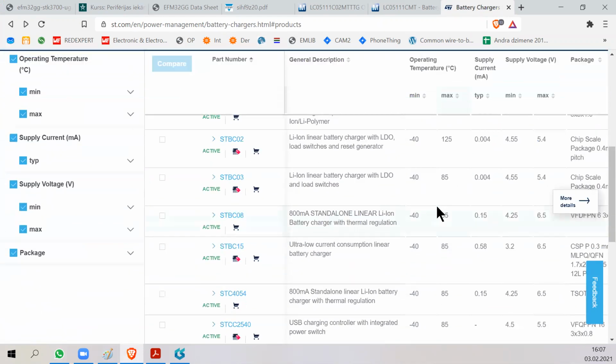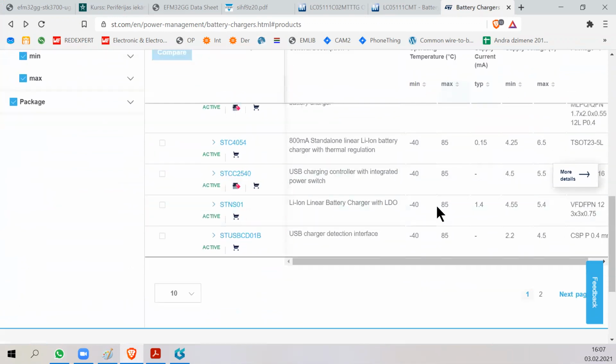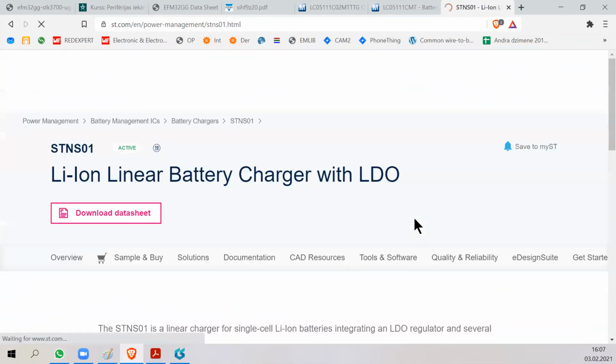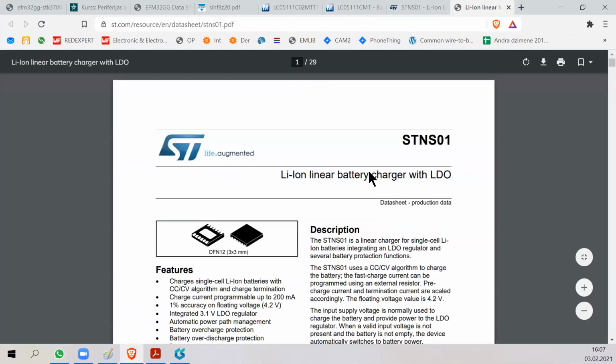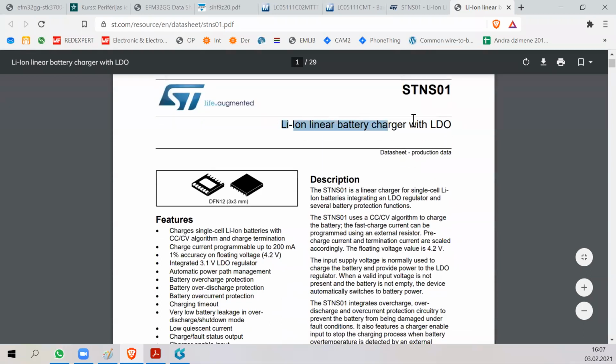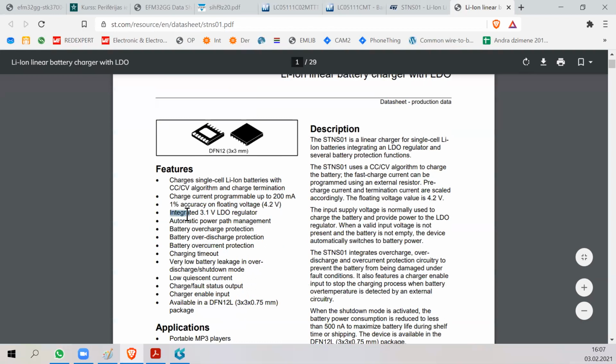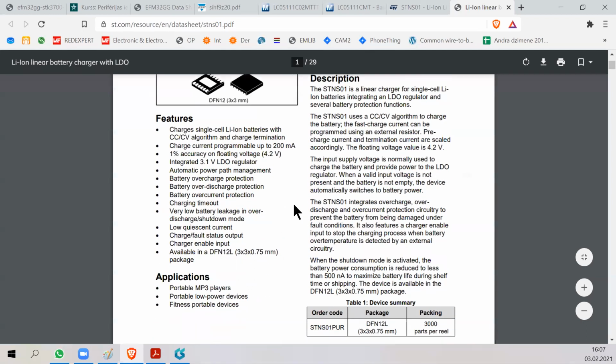But I think STBC01 was the best one. They have this linear battery charger with LDO, and also integrated battery overcharge protection, over-discharge protection, and over-current protection.